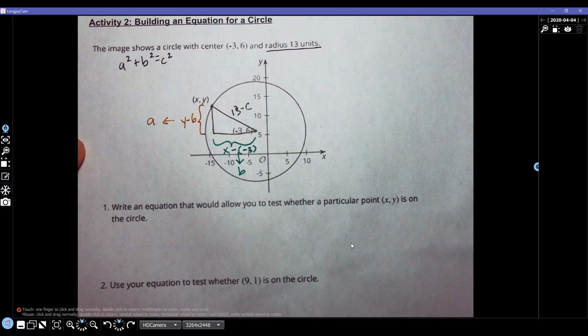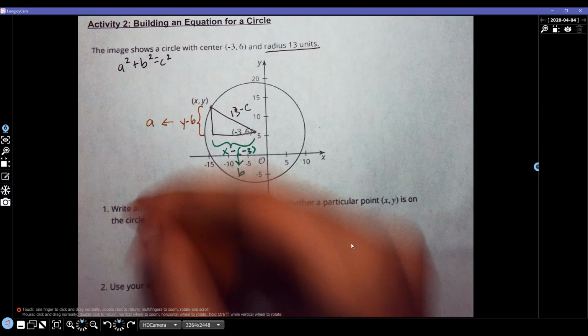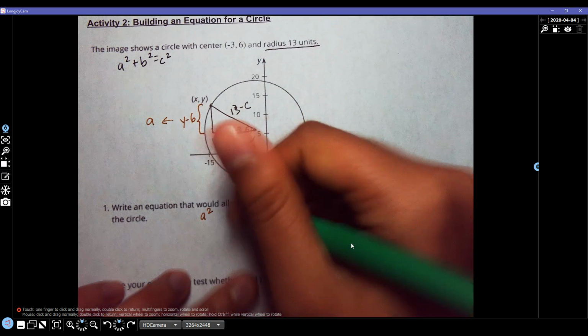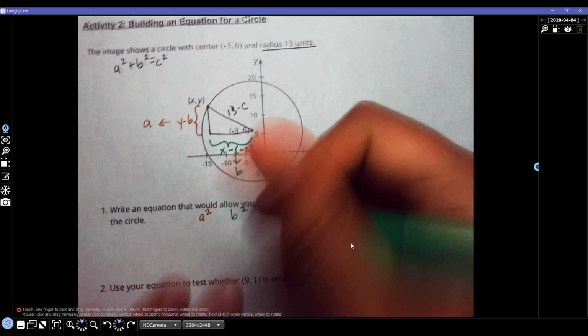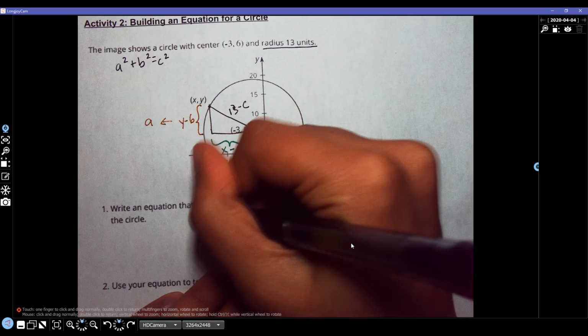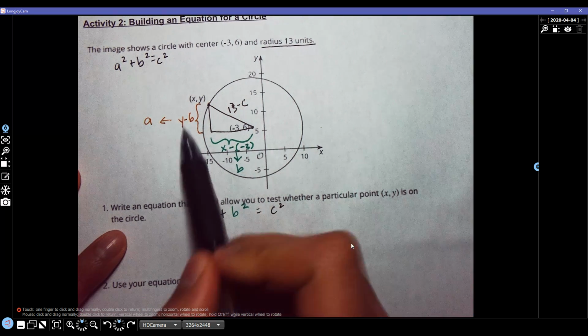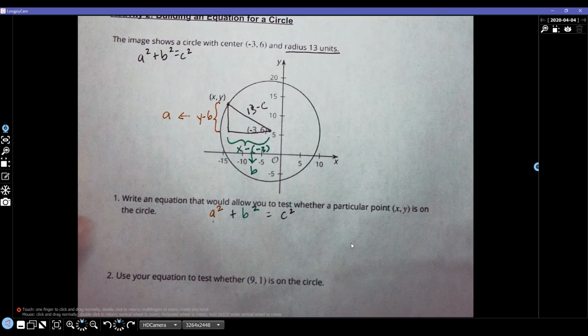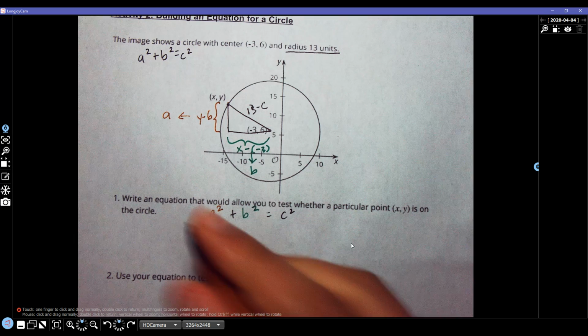So if I write this down over here as A squared plus B squared equals C squared. We know that A can be represented by y minus 6. So I'm actually going to replace the A with the y minus 6.